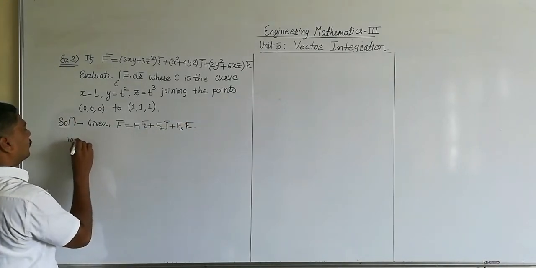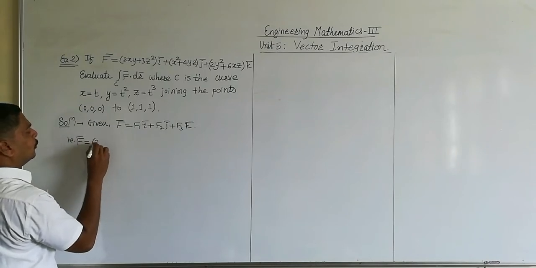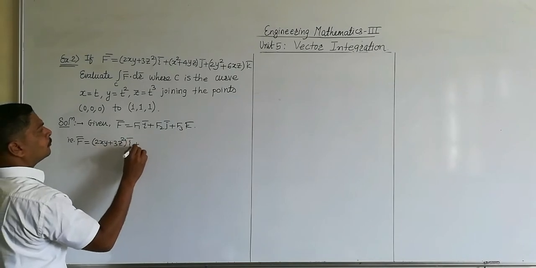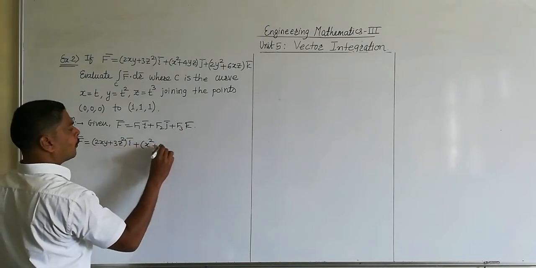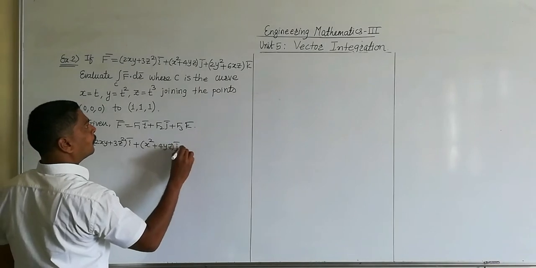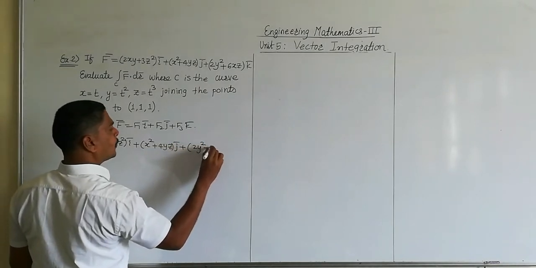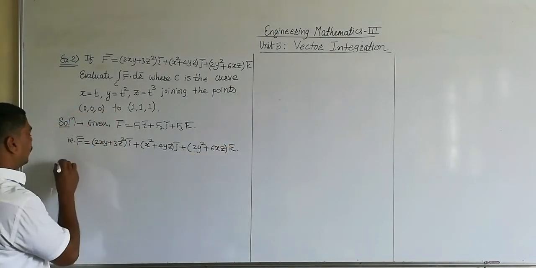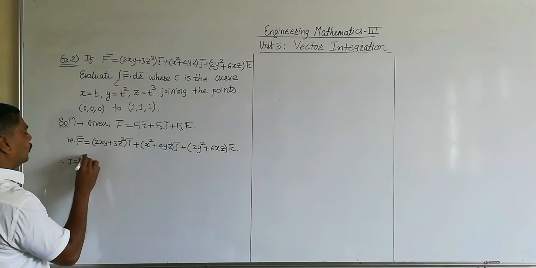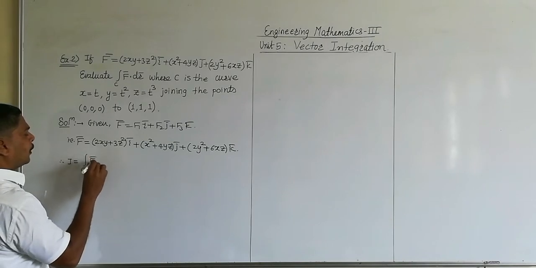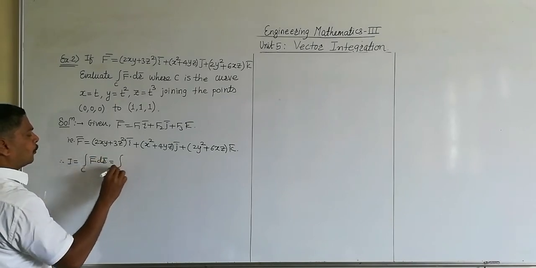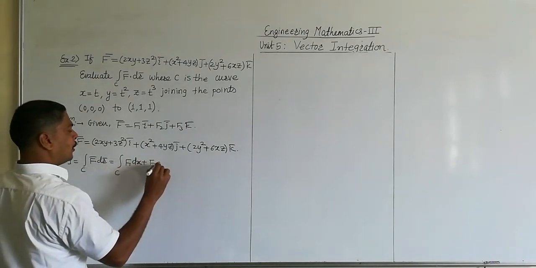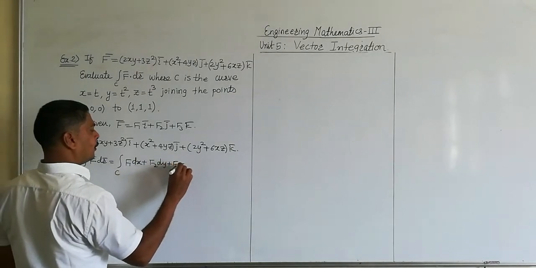That is f bar is equal to (2x plus 3z square) i bar plus (x square plus 4yz) j bar plus (2y square plus 6xz) k bar. Okay. Therefore, I is equal to line integral of f bar dot dr bar is equal to integration over c of f1 dx plus f2 dy plus f3 dz.